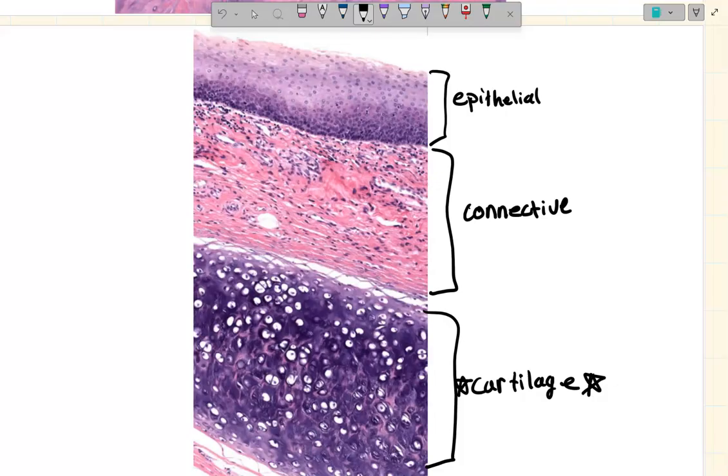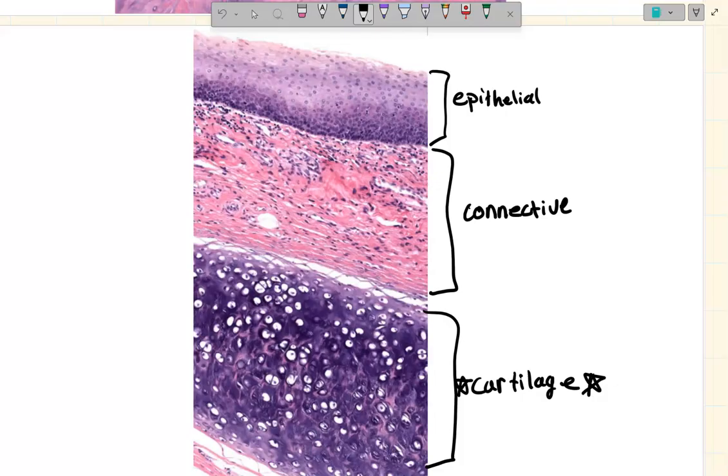The connective tissue below it, we see that it is kind of going in all different directions. And again, this is an area near kind of the tongue, and it is required to move in a lot of different directions. So this might be something like dense irregular connective tissue below that gives it a lot of strength, but also a lot of flexibility to move in a lot of different areas and different angles.